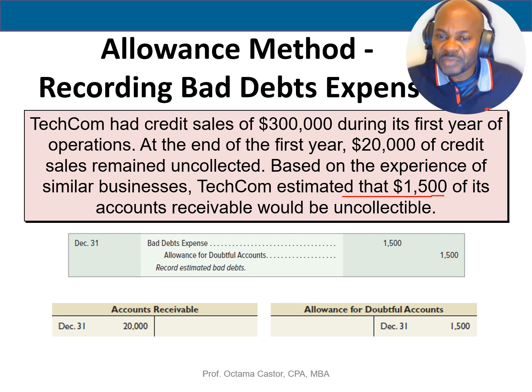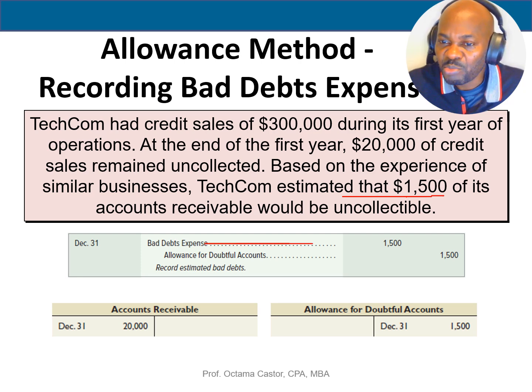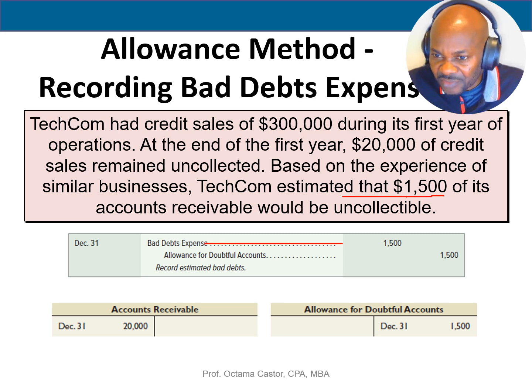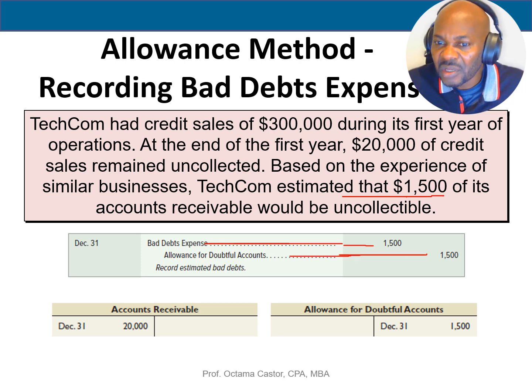So at that point, TechCom decides to book this entry to record the bad debt expense. Debit bad debt expense for $1,500 and credit an account called allowance for doubtful accounts for $1,500.